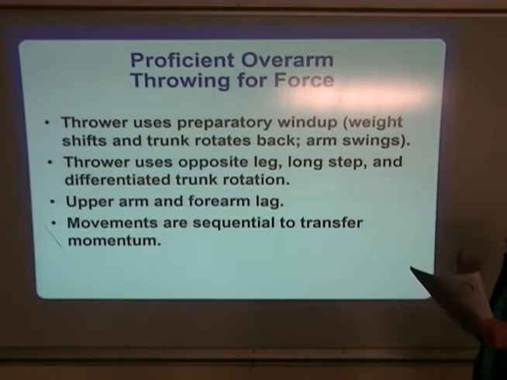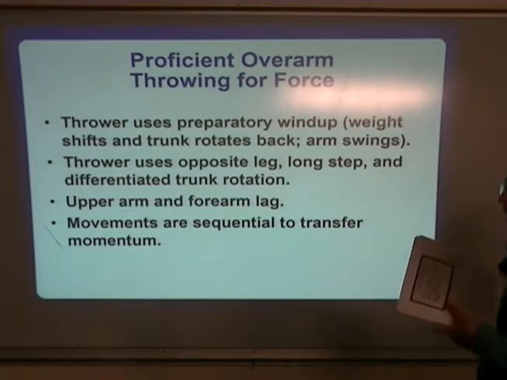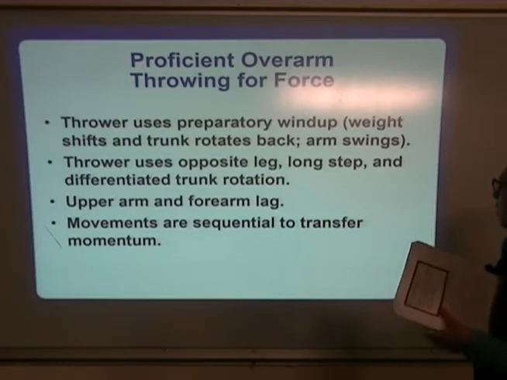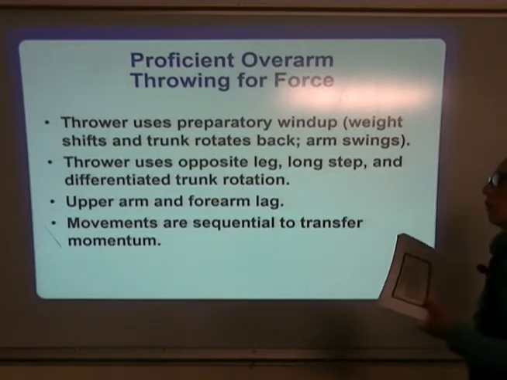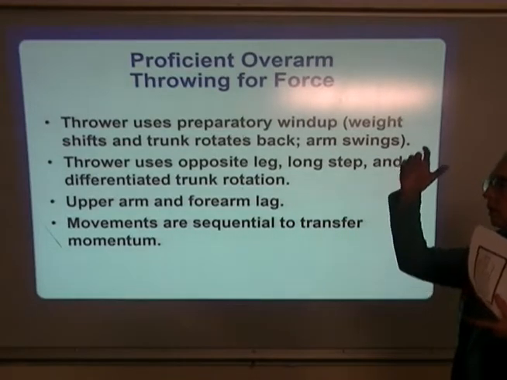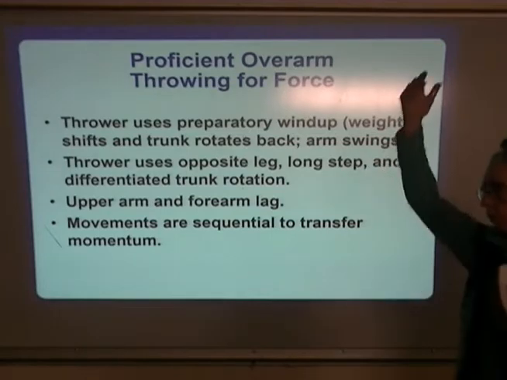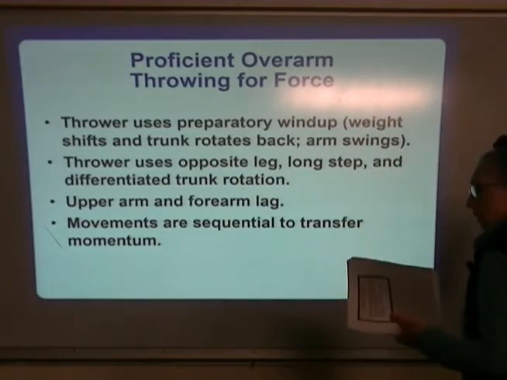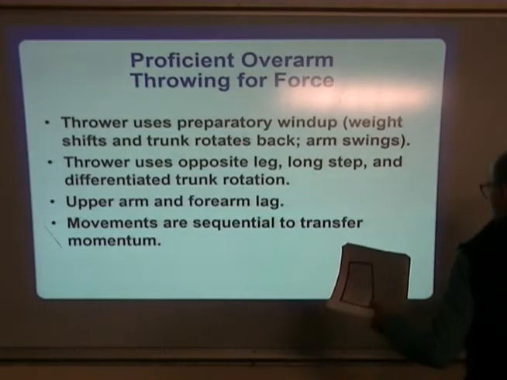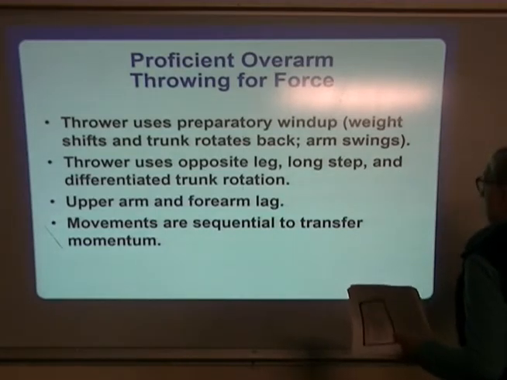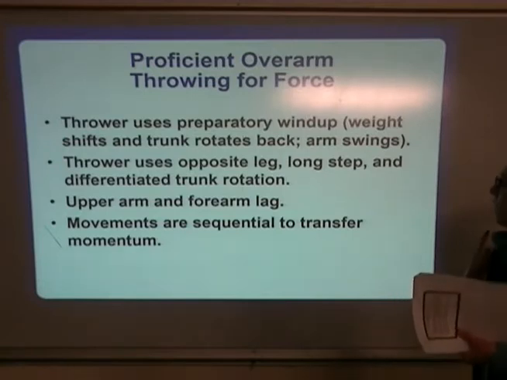So as we get better at that pattern, we're going to start to see some wind up, all right? Initially the arm might come back without much trunk action, but once you start swinging that arm harder, it turns the shoulders and the trunk as well, all right?